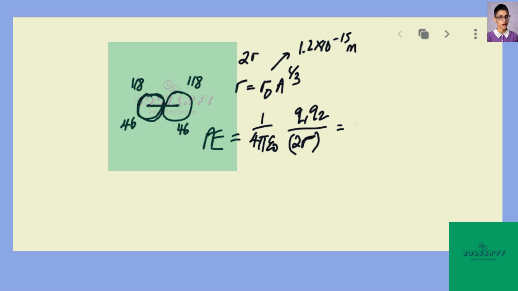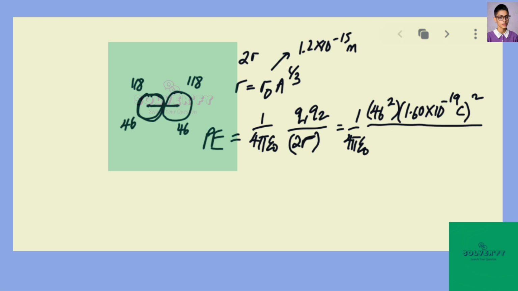So all we have to do now is just substitute the values in. Q, remember, is 46 times the elementary charge, squared, divided by 2 times R0, which is 1.2 times 10 to the power minus 15 times A to the power of 1/3, where A is 118.